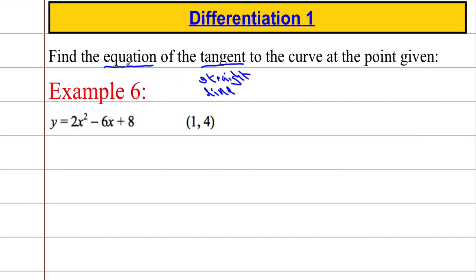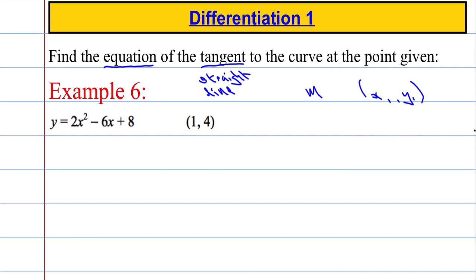So we're going to use coordinate geometry, and for the equation of any straight line, we're going to use the gradient and the point. The gradient point method. I've done that in a recent video, so it should be fresh in our minds. x1 and y1. So I need to find the gradient at this particular point, and then I'm going to use this point and use the gradient point method from coordinate geometry.